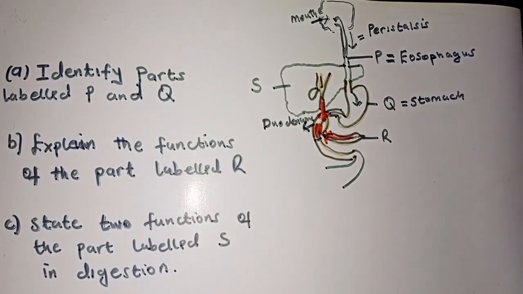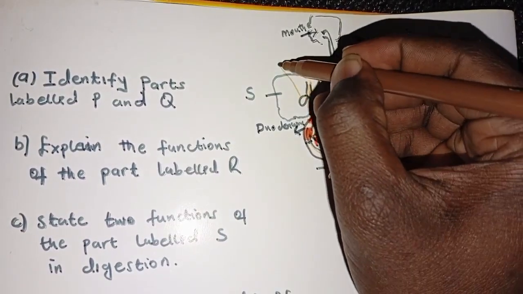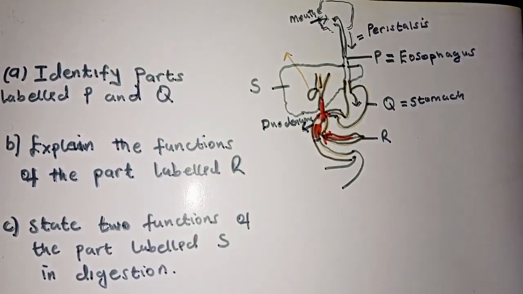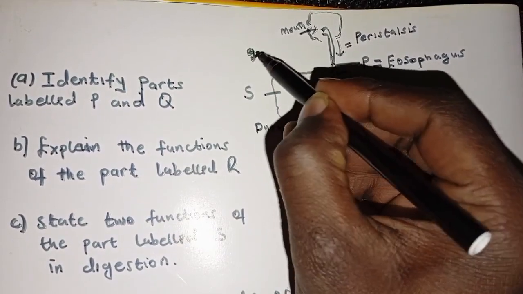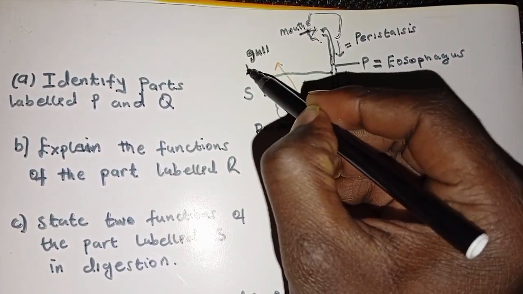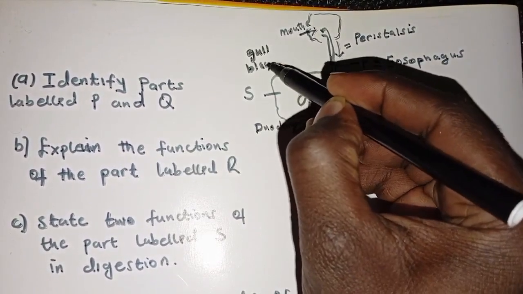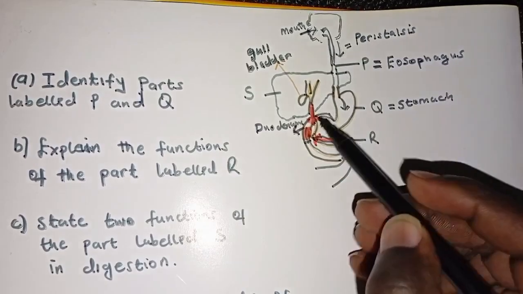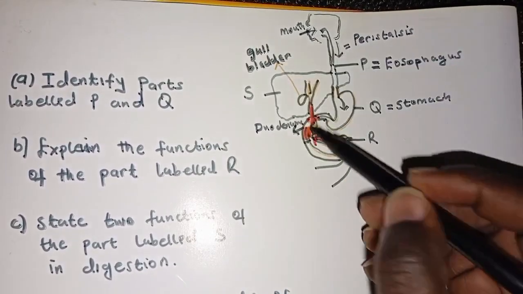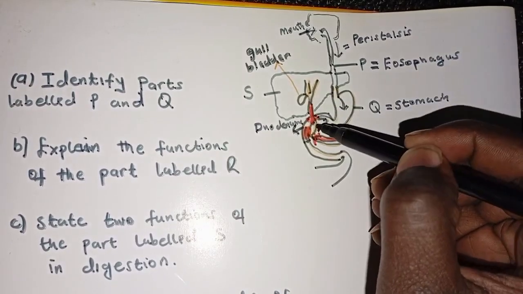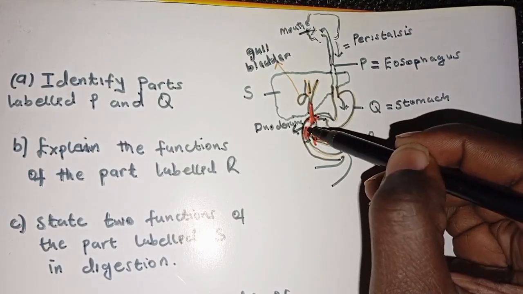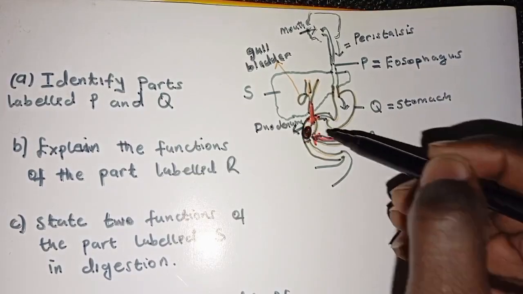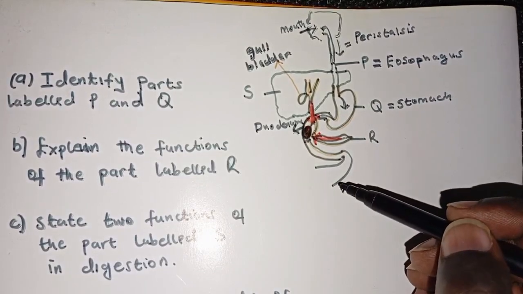You might be asked, maybe not in this question but in another question, about this small structure here, which is called the gallbladder, and it stores what we call bile. This bile can be released, and everything will end up mixing with the food once it is here.